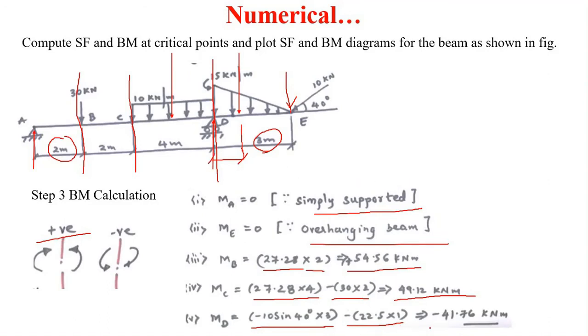Calculate this, and you will get the value of the bending moment at point D equal to minus 41.76 kilonewton meter. After calculating the bending moment at these different critical points, we have to draw the SFD and BMD diagrams.